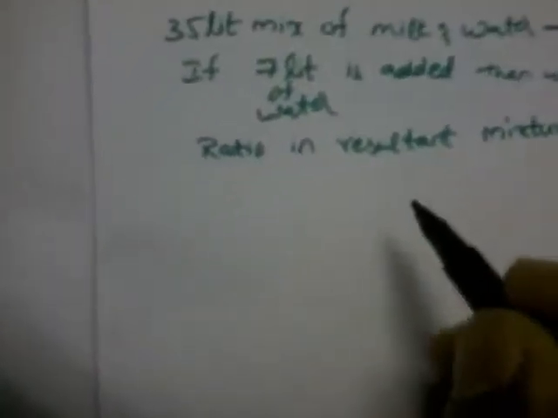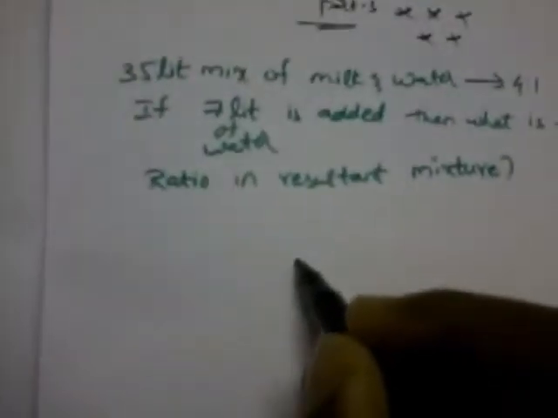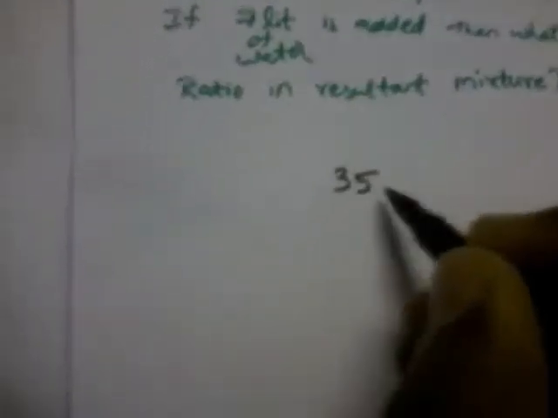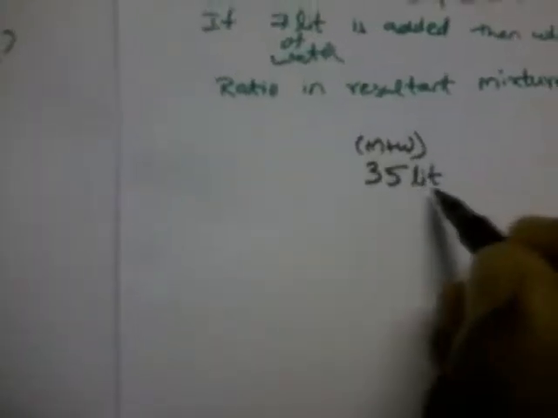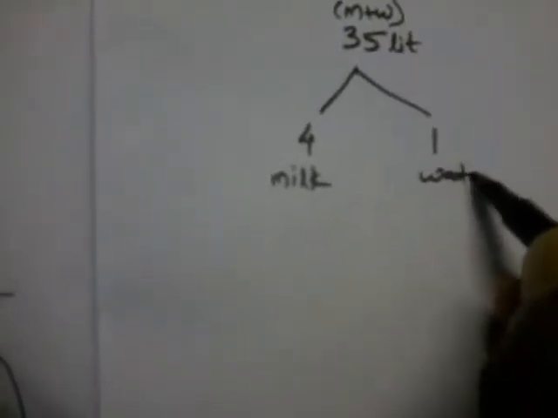Take from the question 35 liters of milk and water, divided in the ratio of 4:1. That is, 4 ratio is milk and 1 ratio is water.